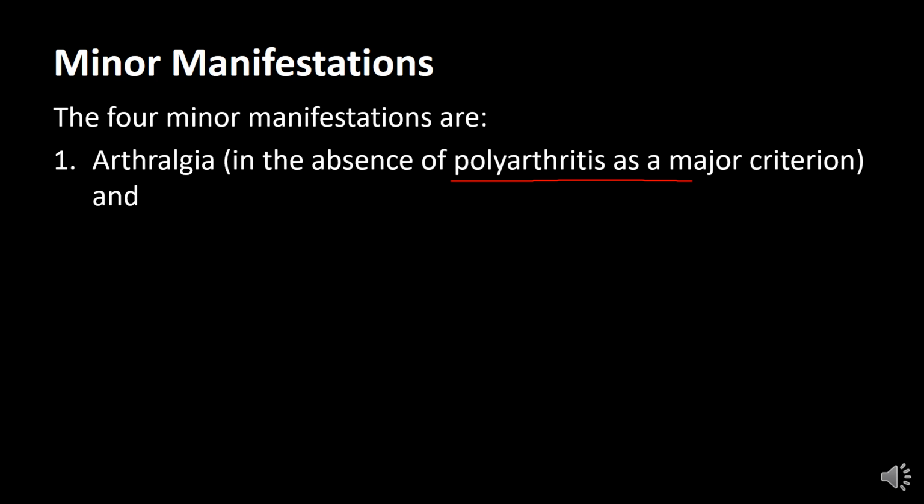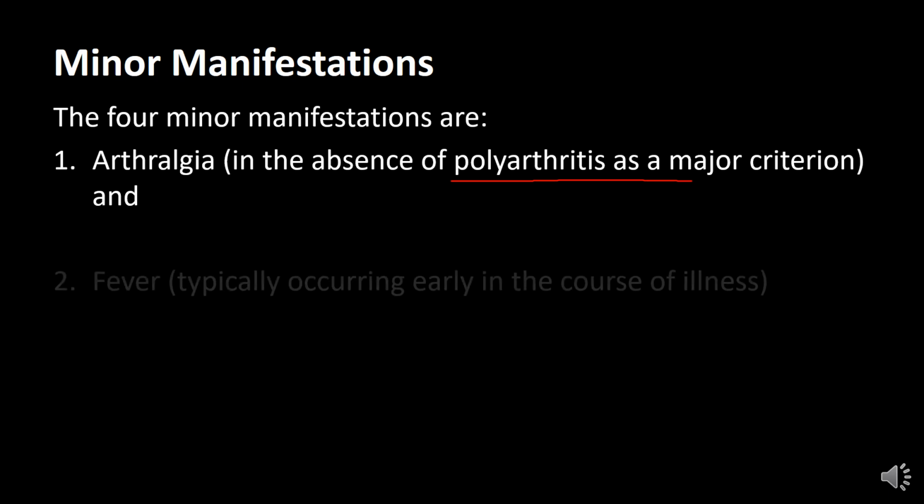When that happens, it becomes a minor sign. When it is the typical migratory polyarthritis, it is a major sign. When there's joint pain and discomfort, but it doesn't meet the criteria for migratory polyarthritis, it becomes arthralgia and falls under minor criteria. That is number 1.